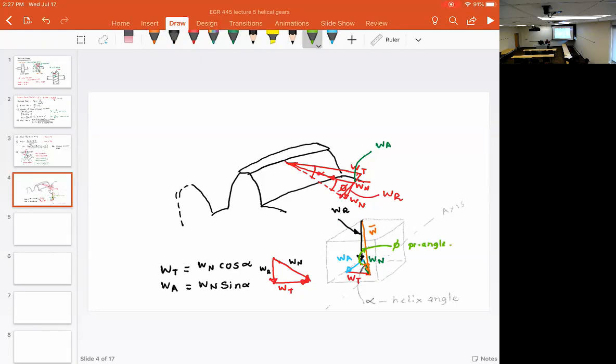So this is the picture from the top view. If you look from the top view, this is the top view of the force diagram. If you look at the front view, you will see something like this.